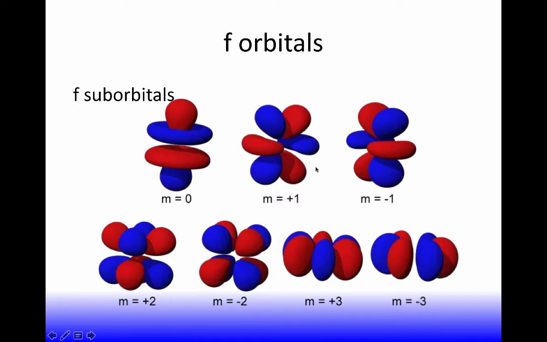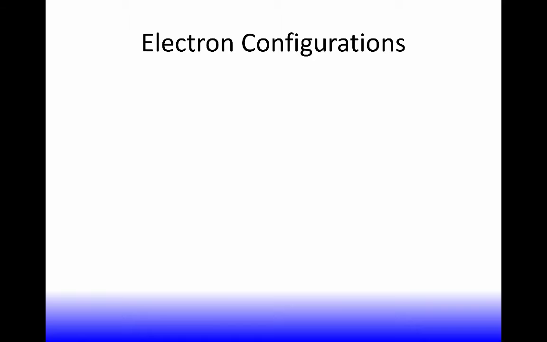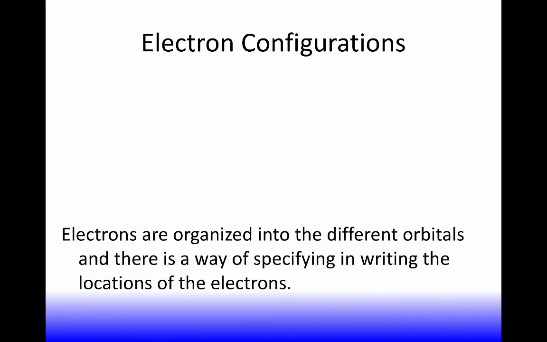And so each of them can hold 2, so there's actually as many as 14 electrons in a given period's F suborbitals. Now, those are the shapes. You don't need to know all of them. You just need to know the S and P orbital shapes. You do need to know that there's 5 D orbitals and 7 F orbitals, and that means Ds can hold 10 electrons and Fs can hold 14.